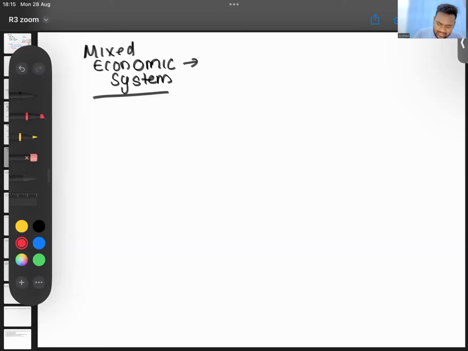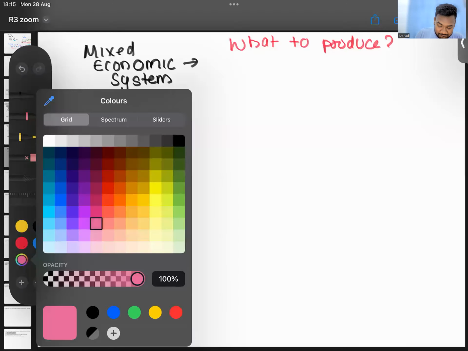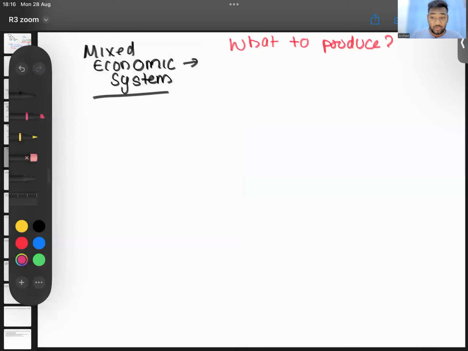Right. So what do you think? How do you think a market economy answers this what to produce question? A mixed economy, how do they answer this? So remember, guys, they answer it using both the price mechanism and the planning mechanism, but mainly using the price mechanism, right? Price and planning both are there.